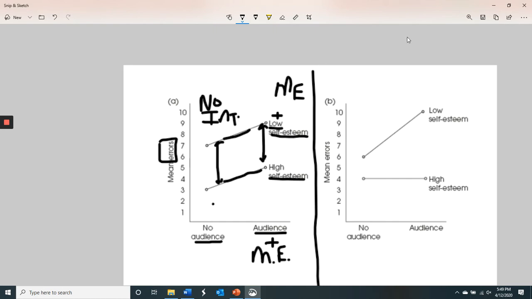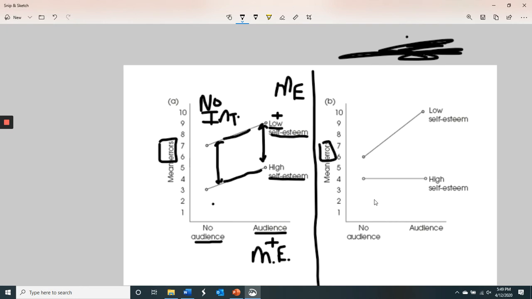Okay, let's say we ran the experiment and we actually got these data. It's the same study, so errors is the dependent variable. We have audience versus no audience as the IV, and then we have people's self-esteem as a PV, low and high. The main effects might be a little more difficult here, but let's look at that.